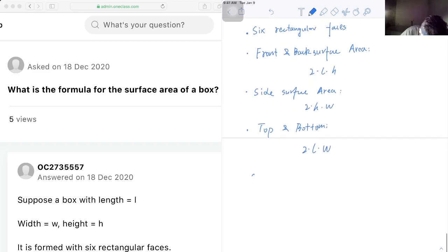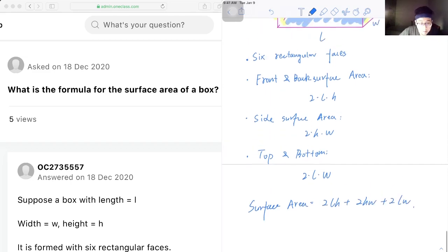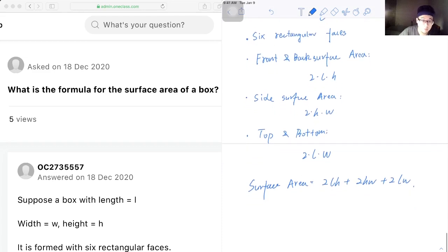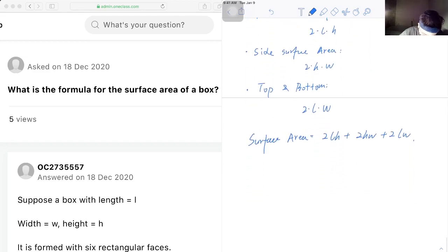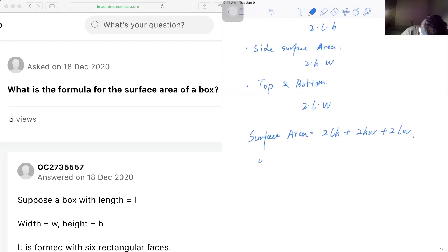So surface area will be equal to 2LH plus 2HW plus 2LW. And that's how we find the surface area of a box.